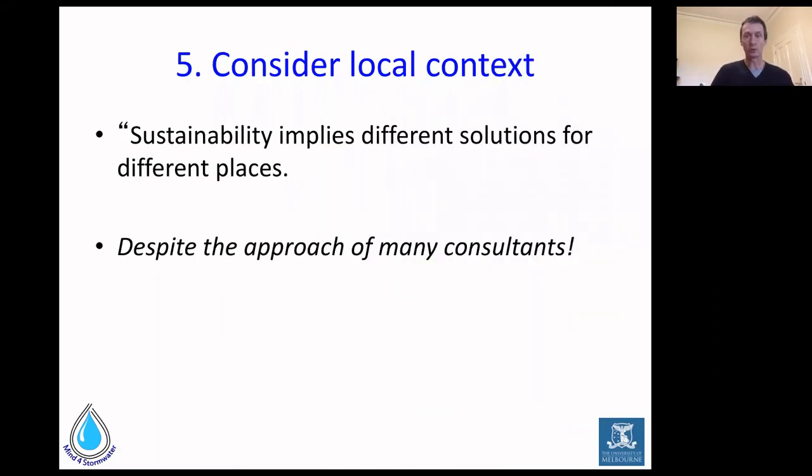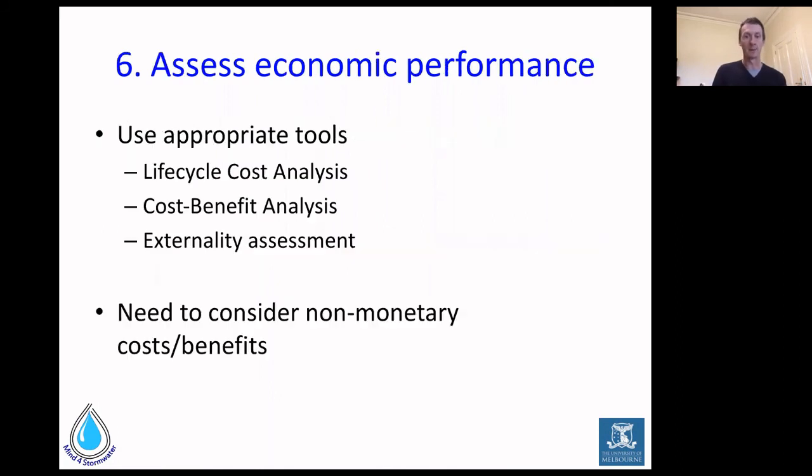Consider the local context. We've talked about this. So we really are not just putting the same biscuits every time, cutting the same cookies. We're designing solutions that match the environment. Assess economic performance.